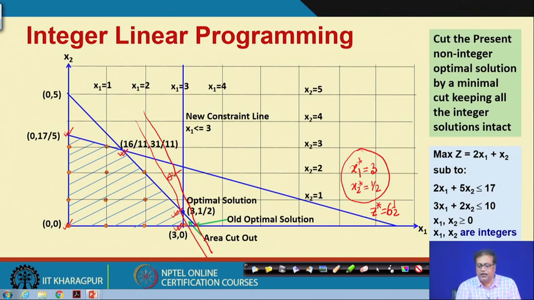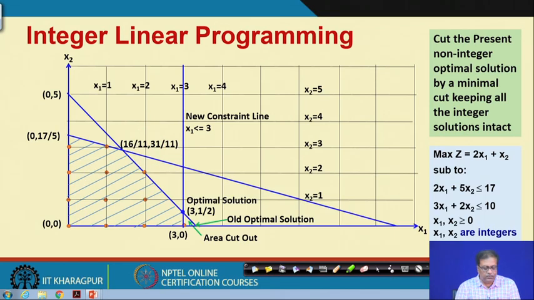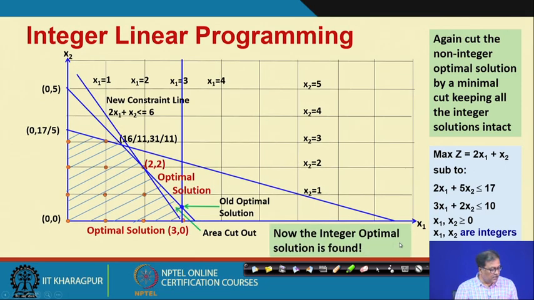Earlier our optimal value was 20 by 3, I think, is it not? Let us see what our optimal value was in our previous slide.